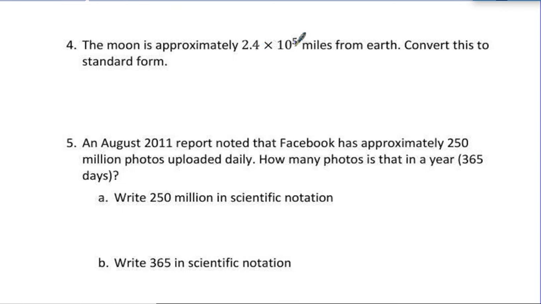We're going to move the decimal to the right because this is a positive exponent, 5 places. 1, 2, 3, 4, 5. So it's going to be 1, 2, 3, 4 zeros after 24. So the moon is 240,000 miles from Earth.